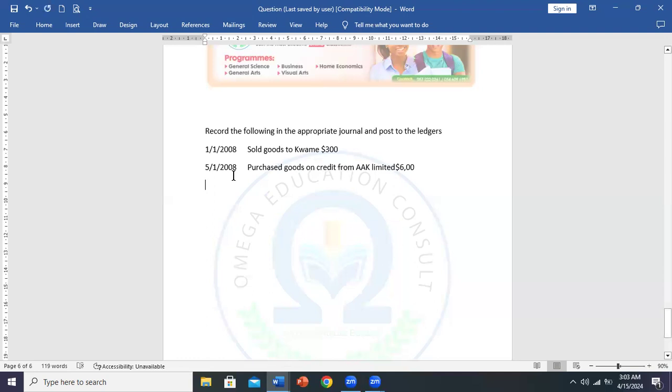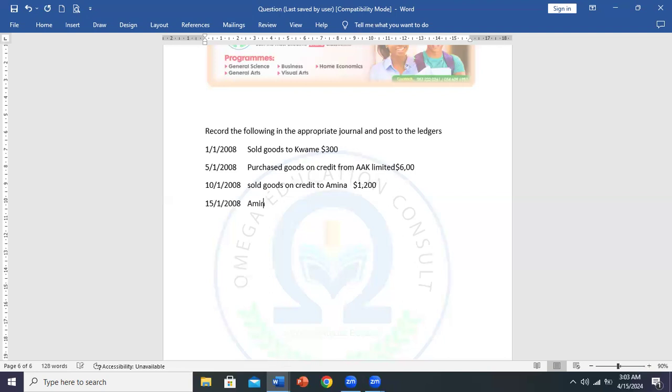If you don't see anything, draw my attention. Okay, the next date, 10th January 2008. Sold goods on credit to Amina, $1,200. 15 January 2008.